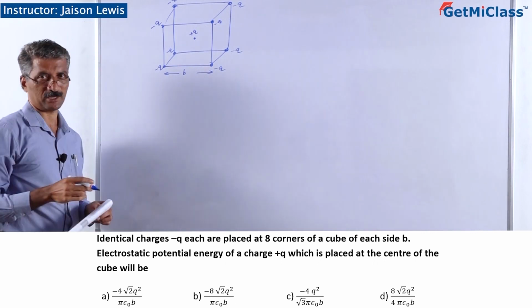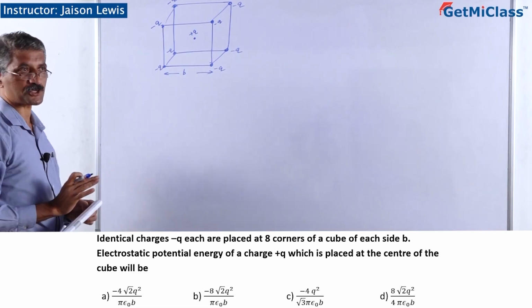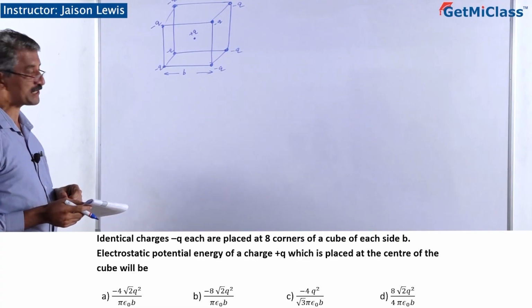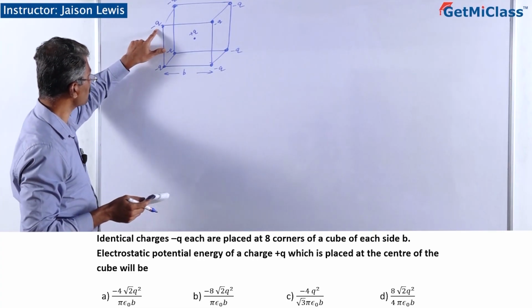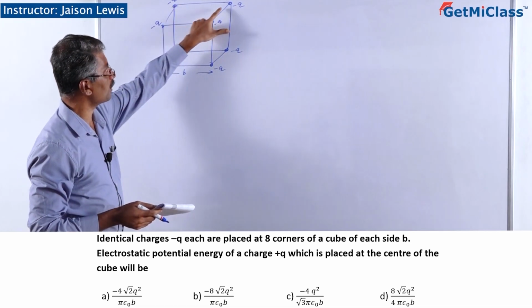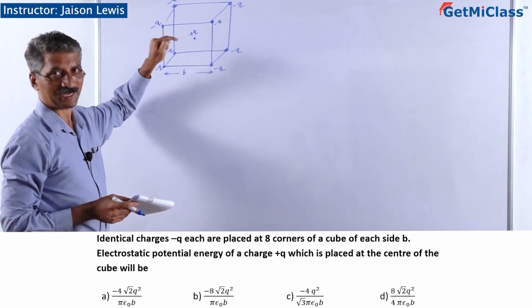So we need to find the energy of this particular group. There are 8 such groups of plus q and minus q charge. The reason is simple: a minus q charge and the plus q form one group. Similarly, we have 8 corners with minus q charges and plus q at the center, therefore 8 groups.